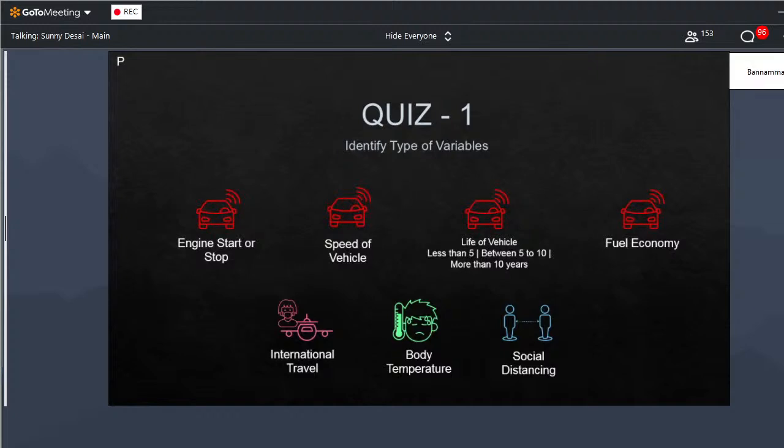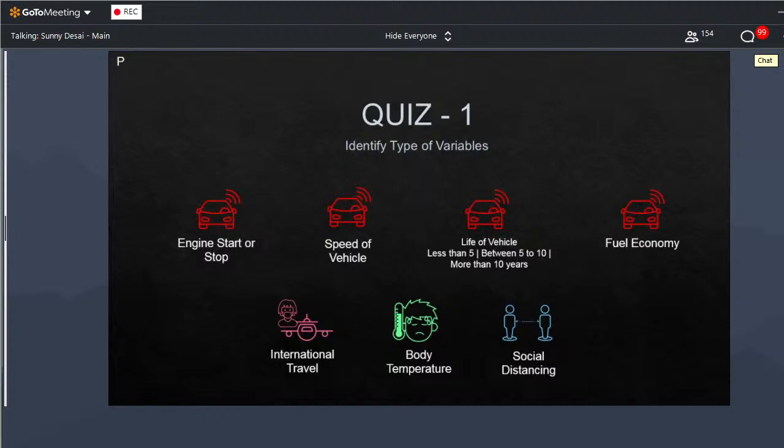Ordinal variables are the variables that have natural order, and nominal variables do not have a natural order. So now this life of vehicle is nominal or is it ordinal? Come on, very quickly answer everyone.